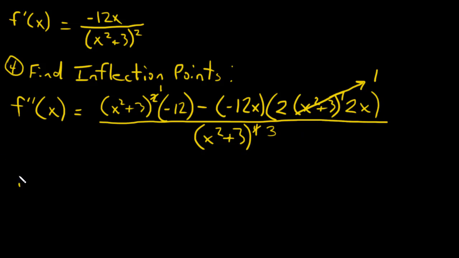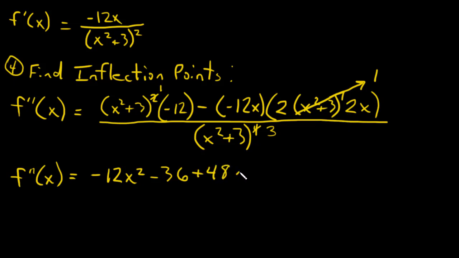So, f double prime of x equals, we're going to have -12 times x squared, so -12x squared minus 36. And then over here, I'm going to have minus -12x, so it's positive 12x, times 2 is 24x, times 2x is 48x squared.